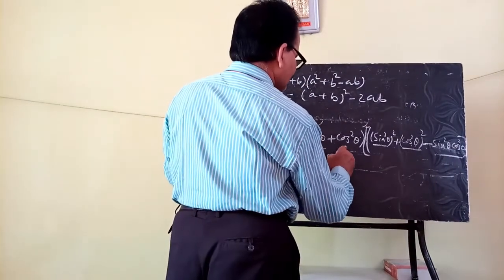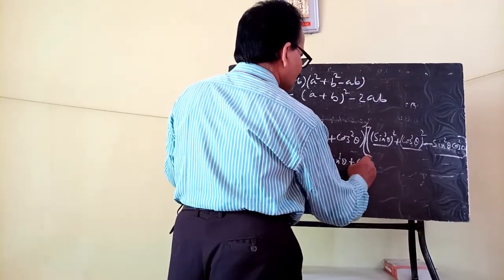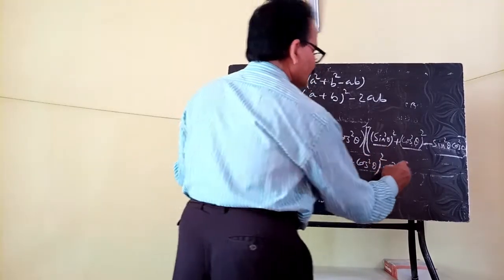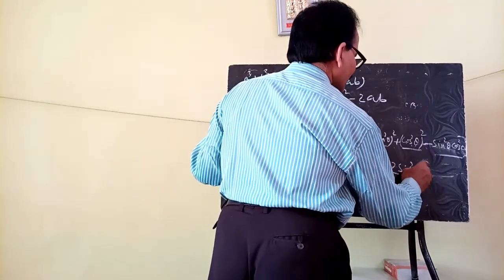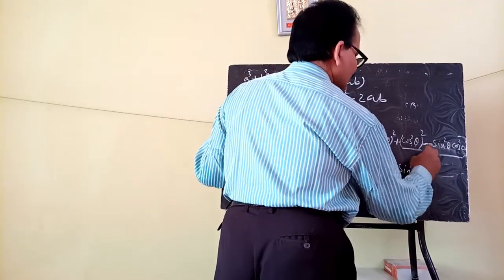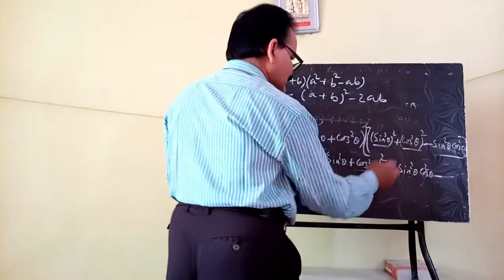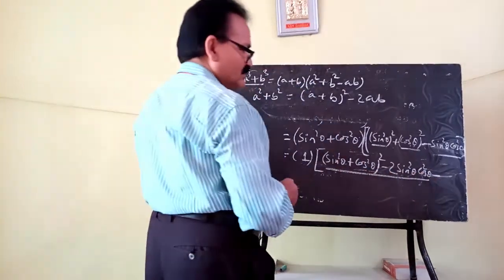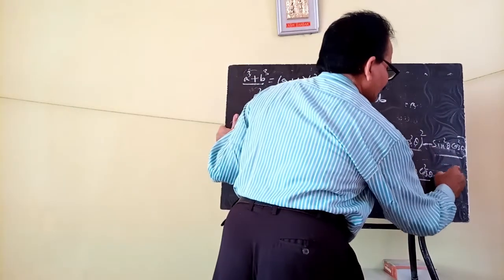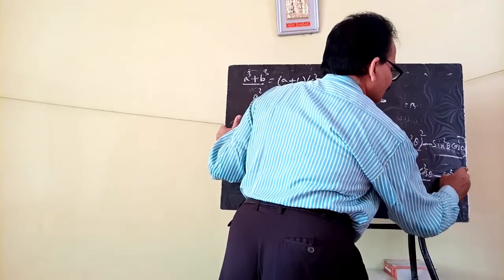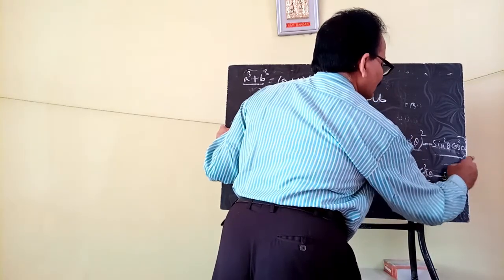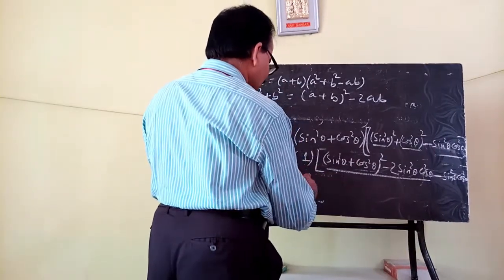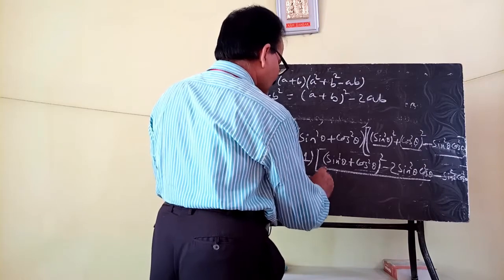So this is sin square theta plus cos square theta whole square minus 2 sin square theta into cos square theta. Again, after these 2 terms, you have got this much. One term is here, minus sin square theta into cos square theta. Bracket close.